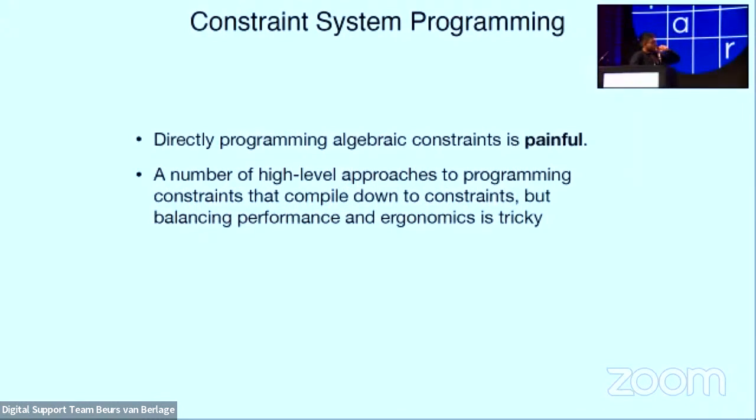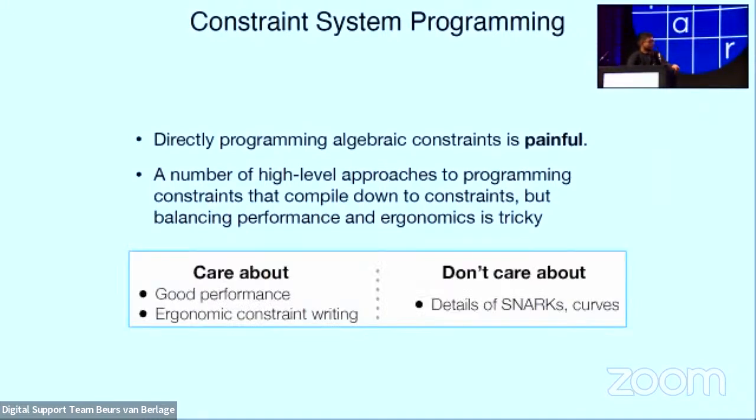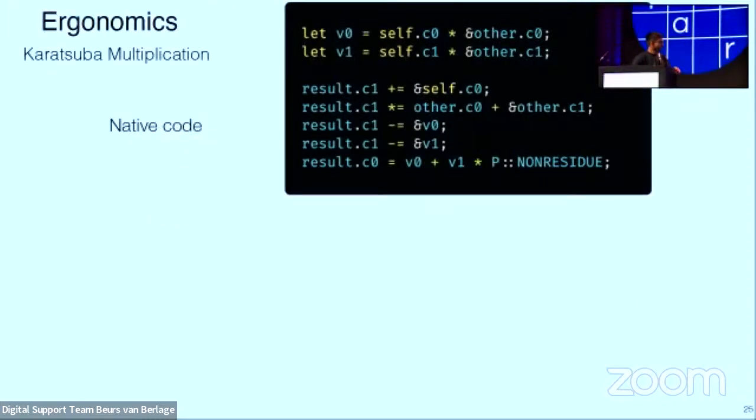So thankfully, there's a number of high-level approaches to expressing your computation in constraints, but balancing performance and ergonomics here is tricky, right? Maybe you have a high-level language which doesn't expose things like non-determinism, so you can't get the best possible performance out of your proof system. So what we want to do here is to achieve good ergonomics without sacrificing performance, right?